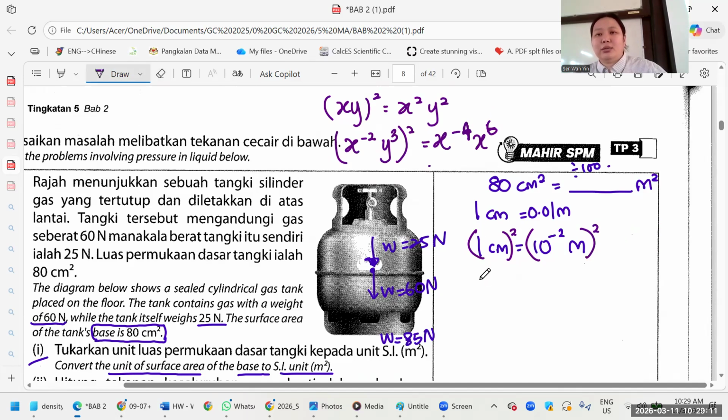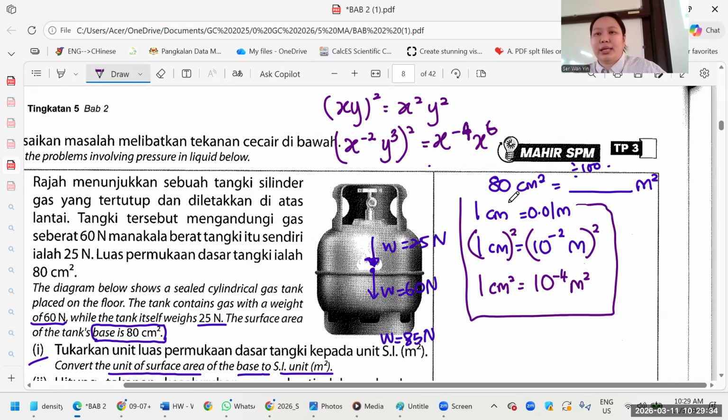Same thing: 1 square is 1, cm square is cm square, 10 powers of negative 2 times 2 is 10 powers of negative 4 meter square. So conclusion, 1 centimeter square equals 10 powers of negative 4 meter square. So you will get 80 times 10 powers of negative 4.